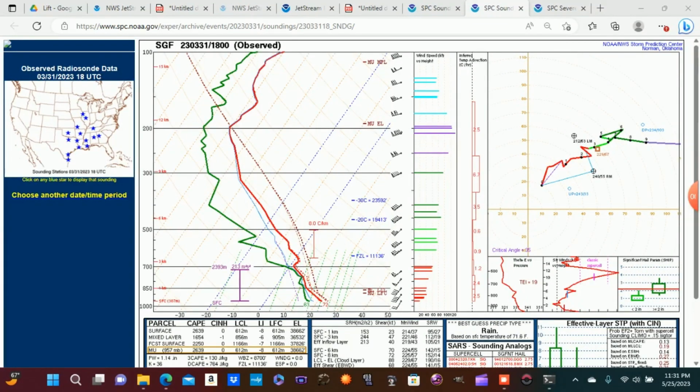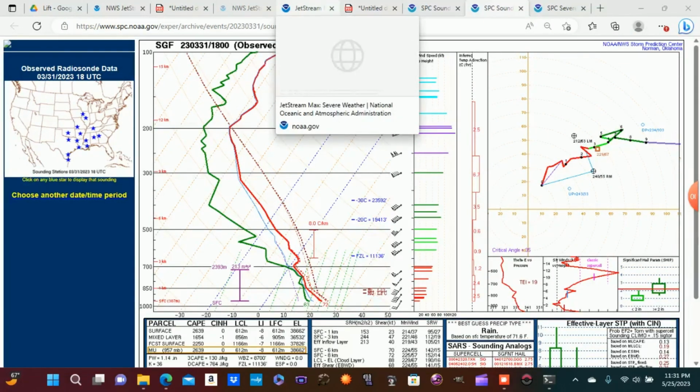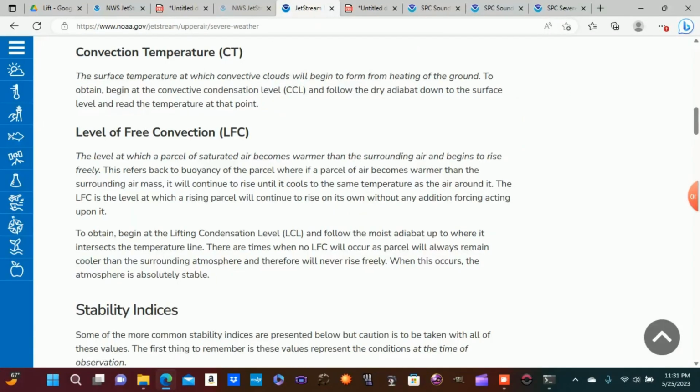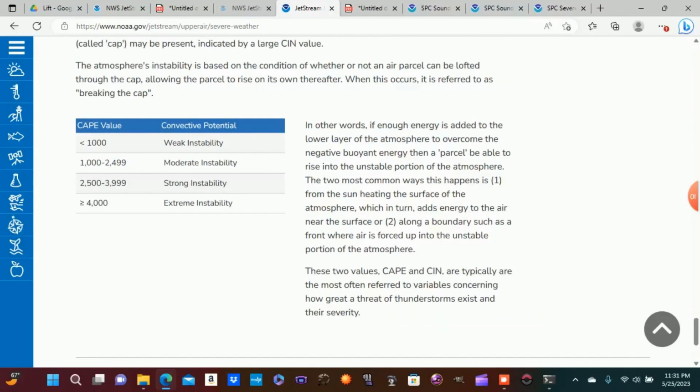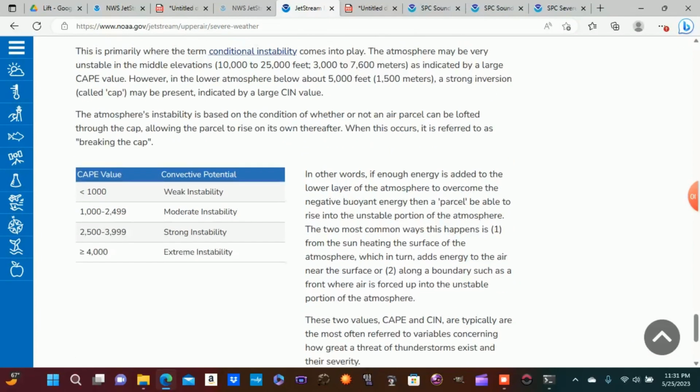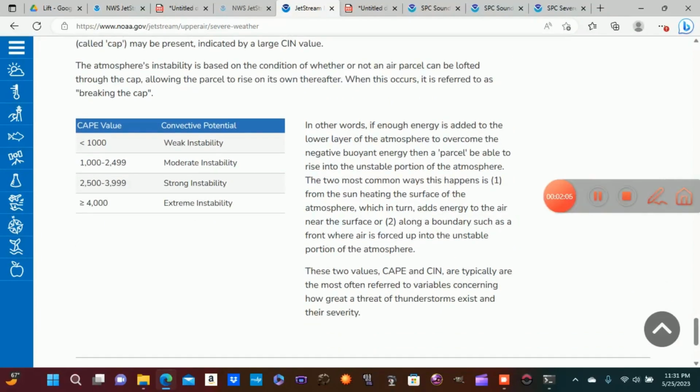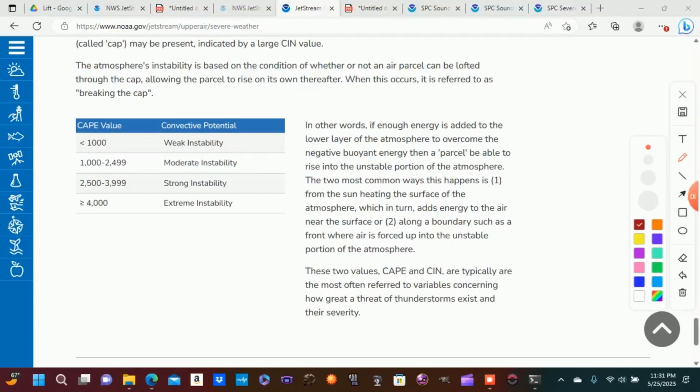The last thing I'm going to cover for instability is the guideline we use to describe how much instability we have. We're going to look at the chart for CAPE. These are the values and the modifiers that we use to describe how unstable the environment is.